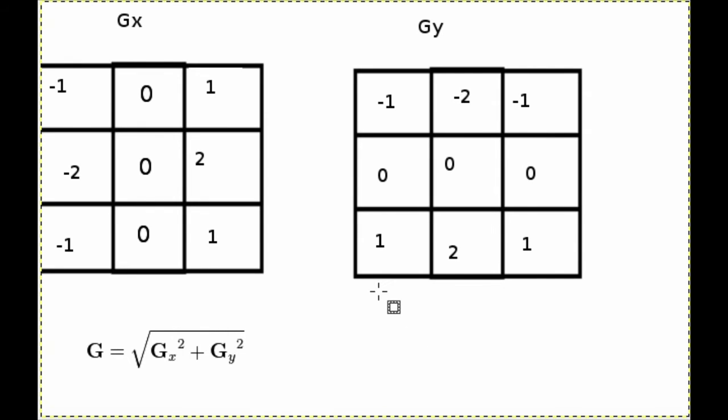We have one filter for the X direction and one for the Y direction. So we compute two images consisting of the intensities we gain from using these filters, and then we combine them using this formula. After all that, we threshold the results and get the binary image we are looking for.